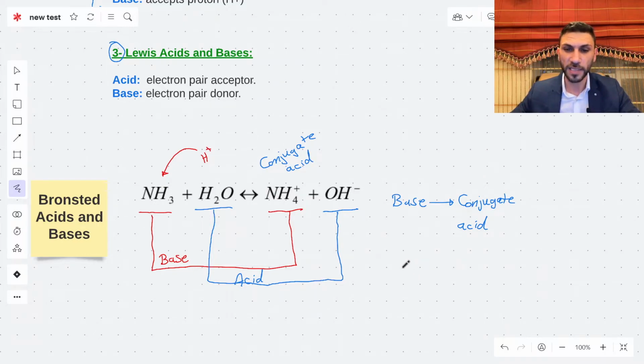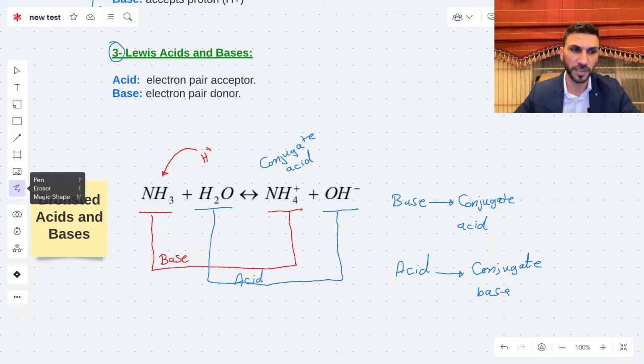And as well, the acid after the reaction will give you a conjugate base. So here in this case, H2O was an acid. It gave you OH, so the OH here is the conjugate base.